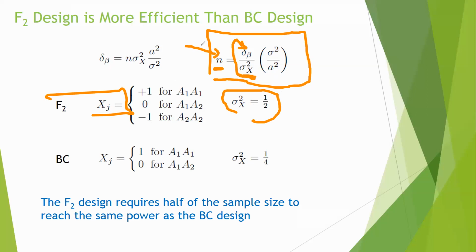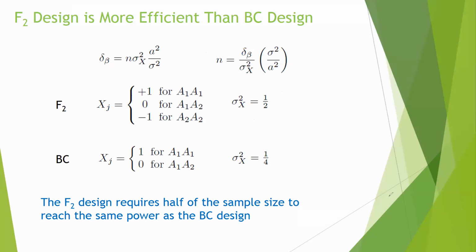In that case, you're going to need less sample to achieve the same level of power. Does that make sense? Okay, very good. So this might be a question showing up in your final exam.